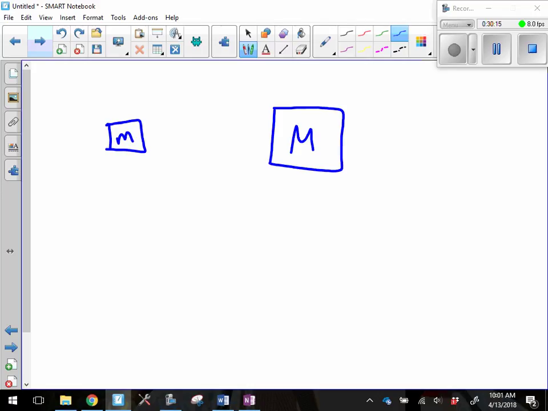Now the direction of static friction is going to depend on what? The direction of the motion. So we're going to make an assumption, because it makes my life easier, that the blocks move to the left.